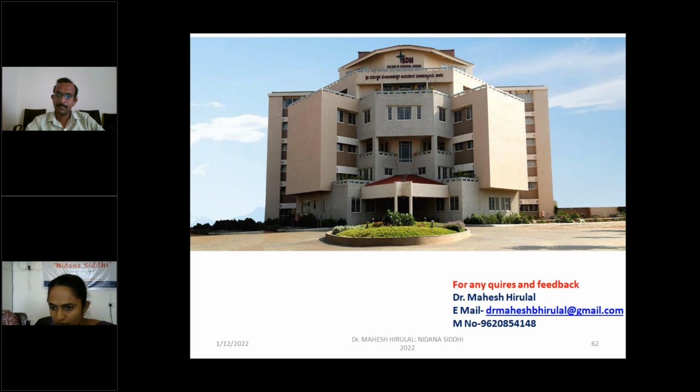The next question is how to differentiate the types of Agni, physiological or pathological, like Mandagni in Kapha Prakriti from Mandagni as pathology. Yes, it's a very apt and important question, and we need to understand it in patients. Prakriti is there: Vataja, Pittaja, Kaphaja. Each Prakriti person will have some typical Agni, but the natural Agni is Samagni only.